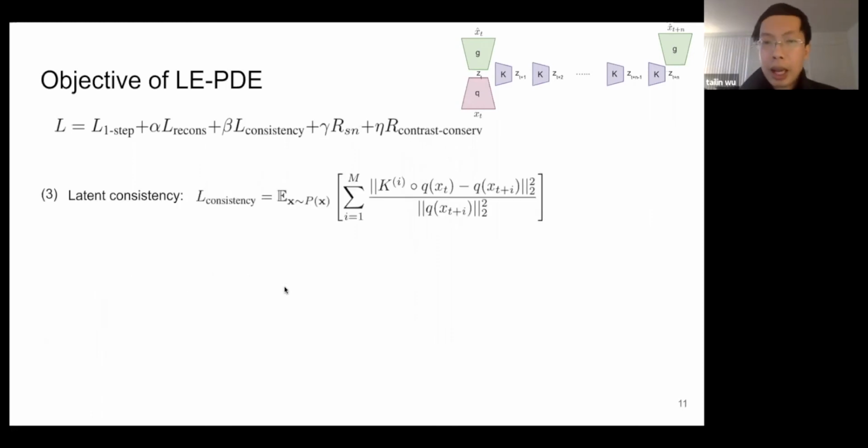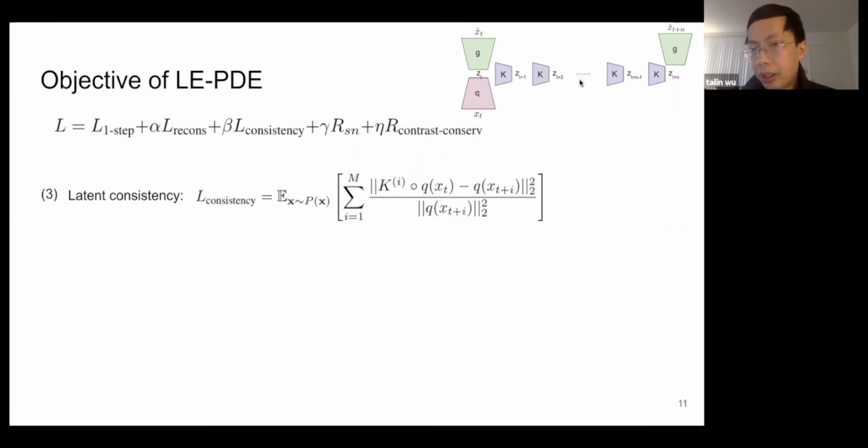Thirdly, we also introduce this latent consistency loss. The intuition is the following. We have the encoder that encodes to the Z of t, and then we evolve it I times. Then this evolved latent vector should be consistent with the encoding of the target in the future.